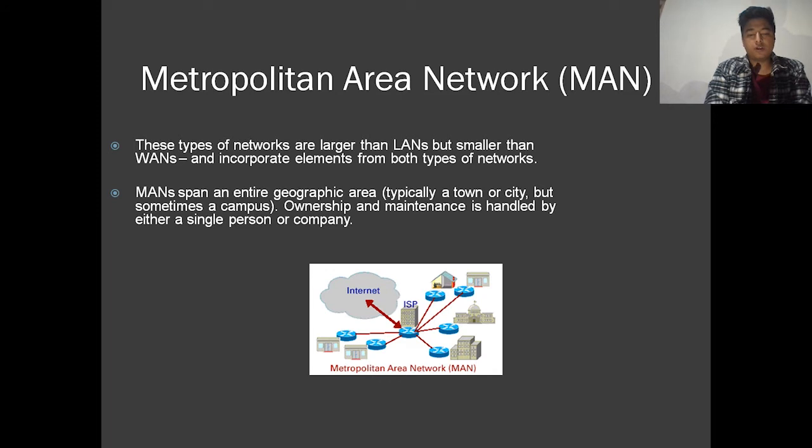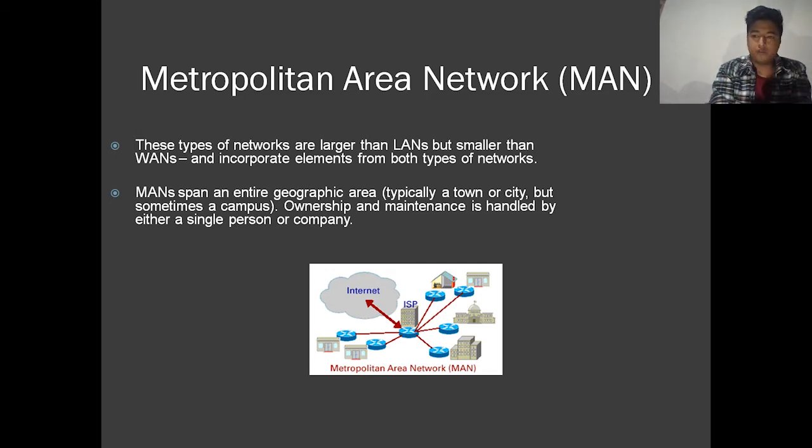You can mostly see this in cities, where there's one ISP who provides everything for the internet connection. Just check the figure out here. This is the internet; just imagine it's a cloud. I put it in the form of a cloud. Then we have the internet service provider. Imagine there is Geo, right?